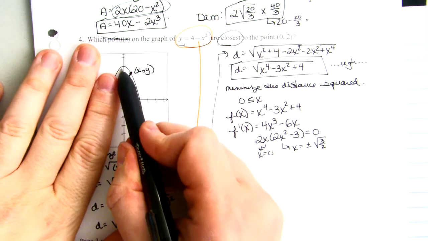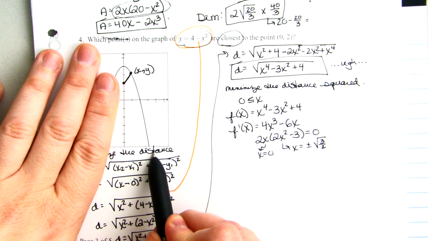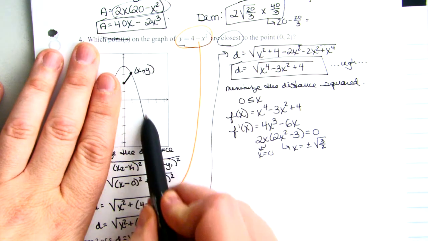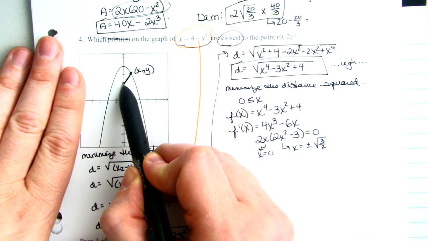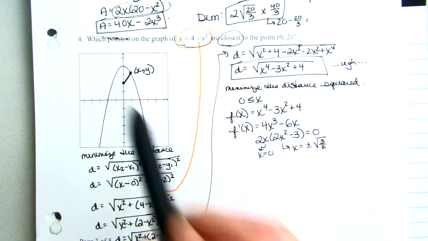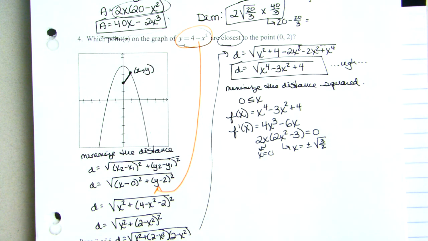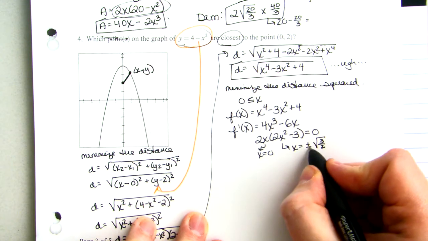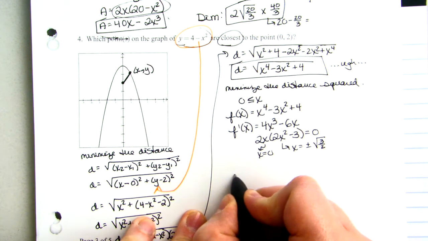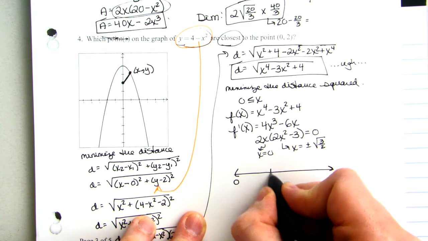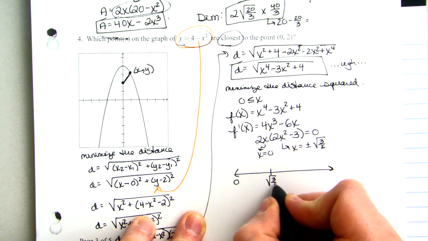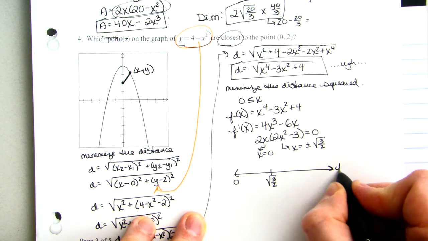Maybe I'll just leave it like that. And again, I'm just focusing on the forward half of my parabola, because if I can find a place over here where my distance is minimum, it also has to happen at the reflection over there. Just change the sign of the x-coordinate. Don't worry too much about this. So I'm just going to focus on the positive square root. I'm going to do my number line with a bound there at 0 and a critical value at square root of 3 halves.